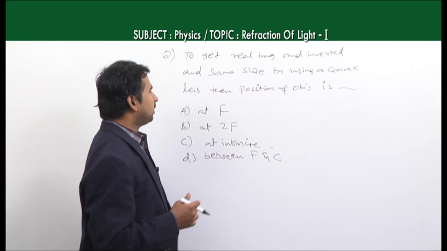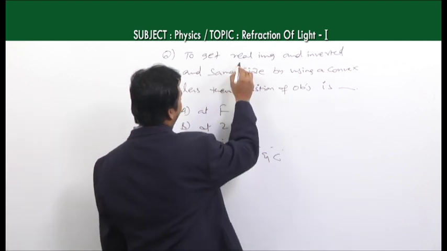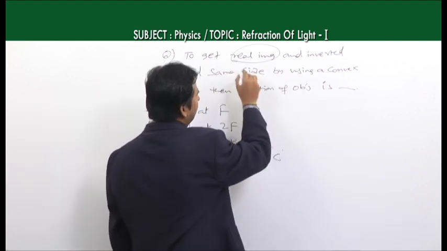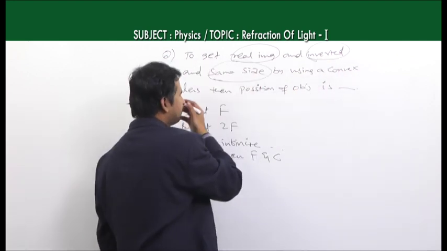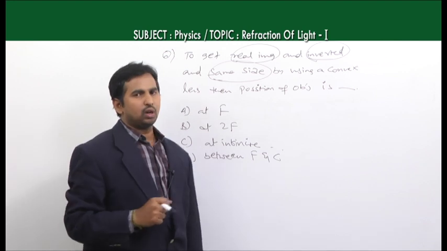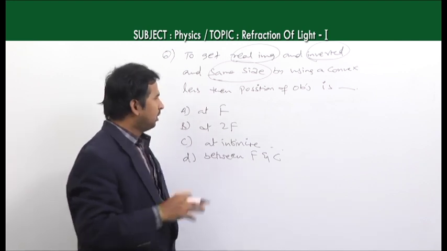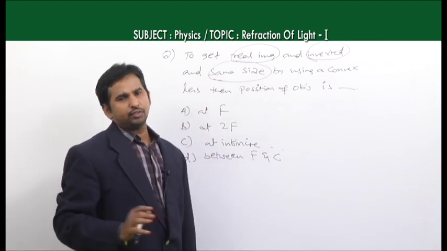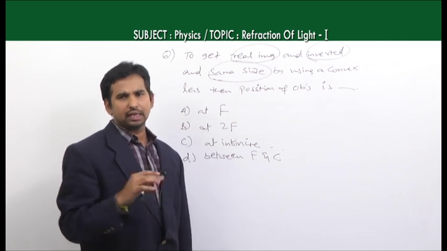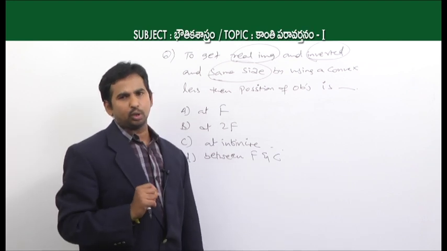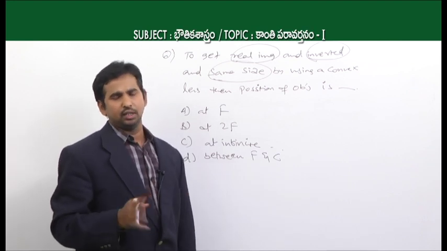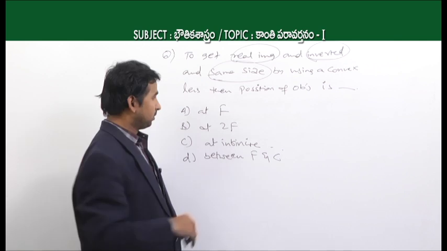Now, three important characteristics are given here: real image, inverted image, and of the same size. If you want to get a real and inverted image, a convex lens, other than between focus and optic center, in all cases forms a real image. But depending on the position of the object, it forms different sizes of images.